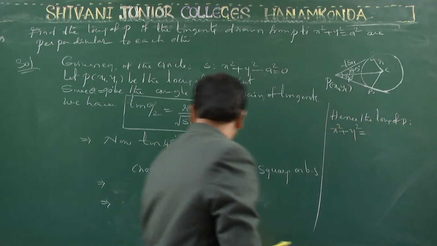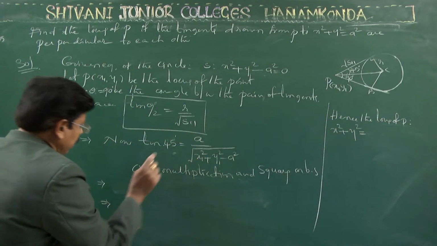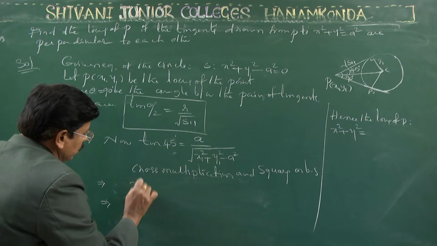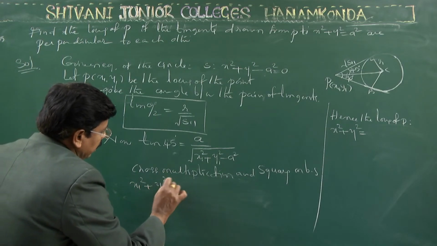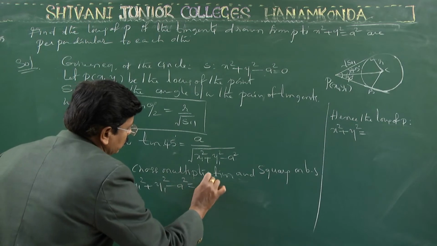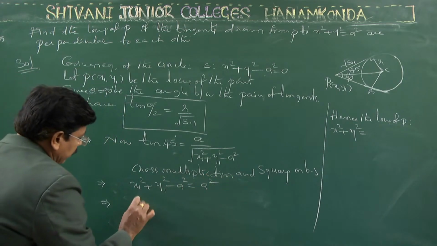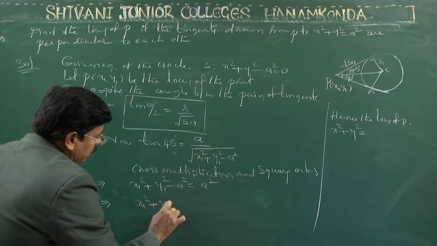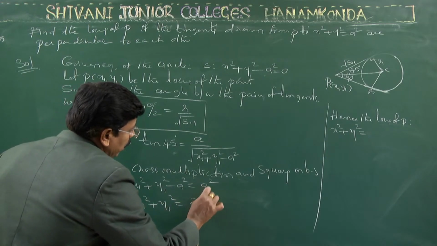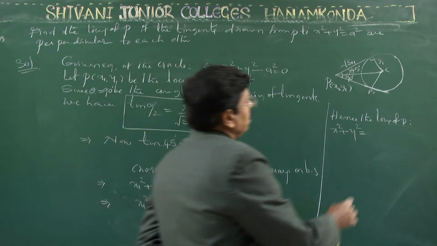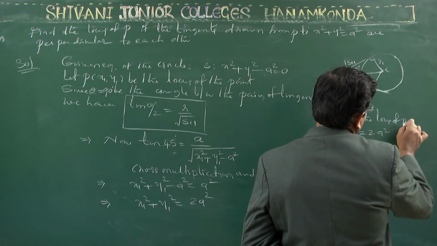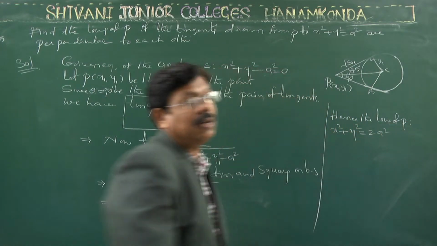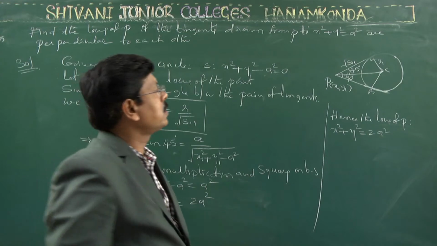Okay, see. Tan 45 is 1, so x1 square plus y1 square minus a square is equal to a square. Okay, fine. x1 square plus y1 square is equal to 2a square. Already I have told this one of the points from the starting class.